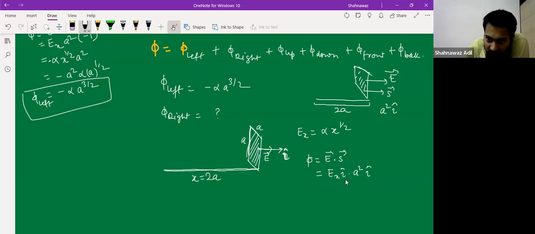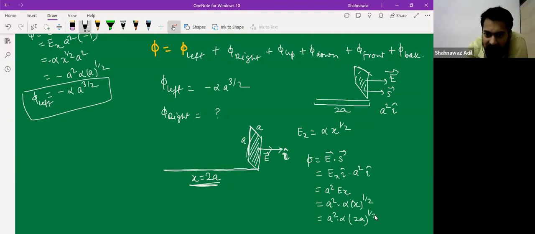I dot I is 1, so we have A square Ex. And we are calculating the electric field at x equals 2a. So this would be A square and Ex is alpha x to the power half. So x we know. This is A square alpha and x is 2a to the power half. Right.